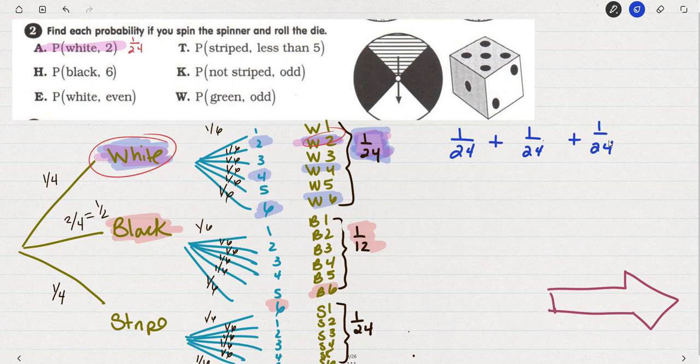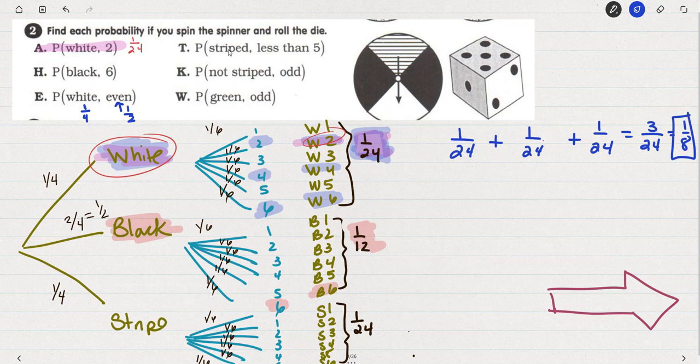Because if we looked at even and oddness, the probability of getting an even is 1 in 2. The probability of white was 1 in 4. And when we multiply those, we get 1 over 4 times 1 over 2, which is 1/8. When we add these up, we get 3 over 24, and that reduces to 1/8.